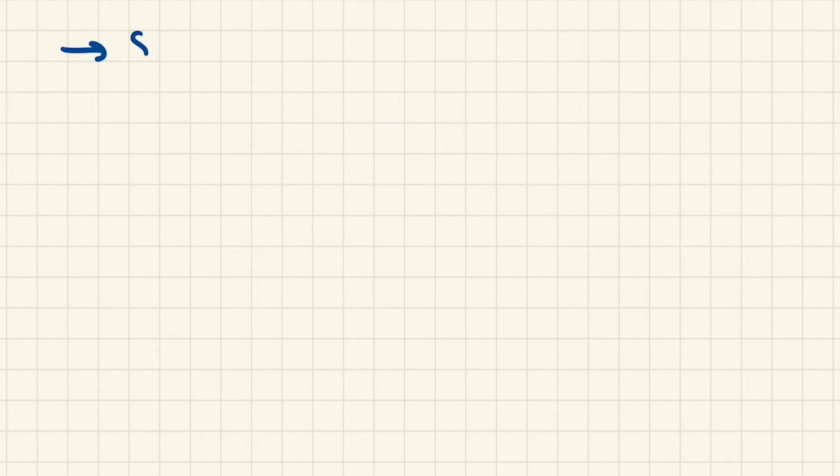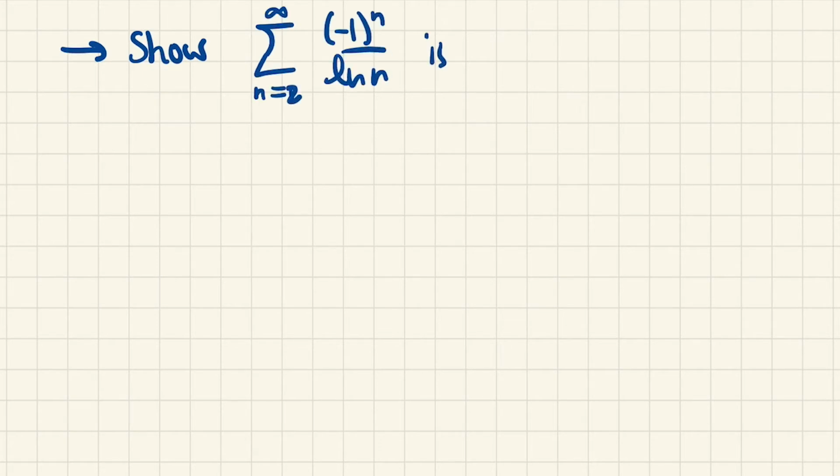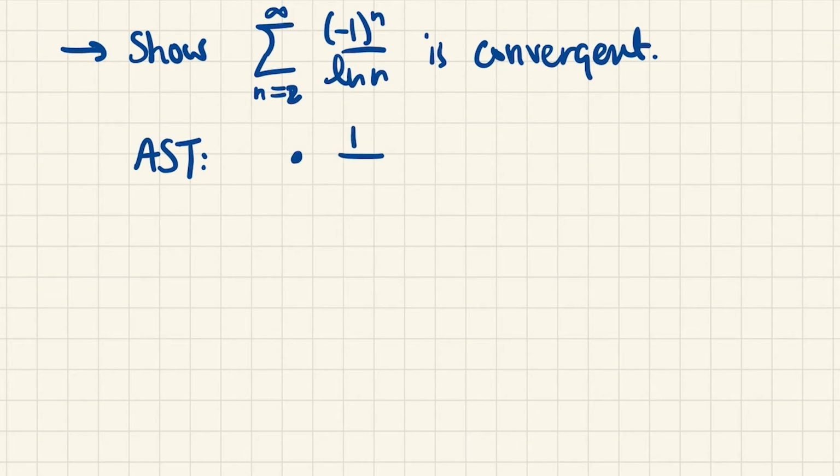All right, so the last thing to do is just to show that the original series itself is convergent. And we'll use the alternating series test for that. So we need to acknowledge that 1 over ln of n is decreasing.